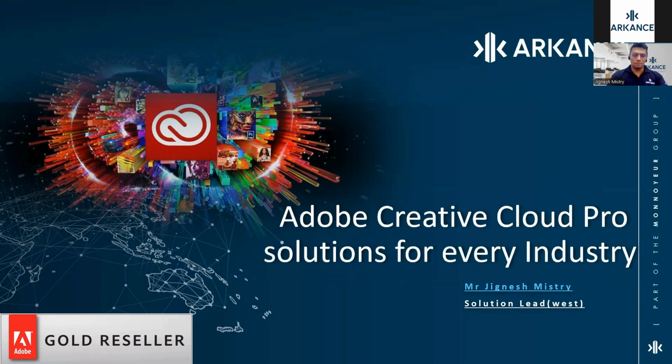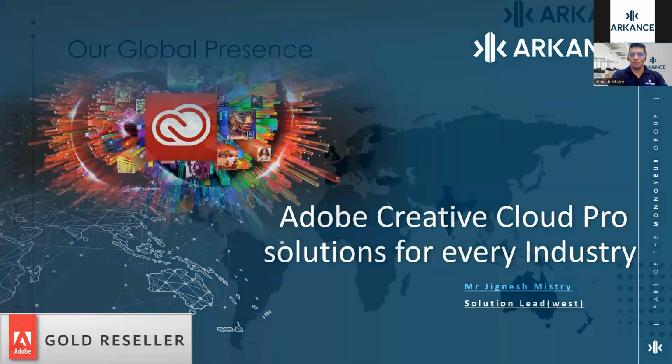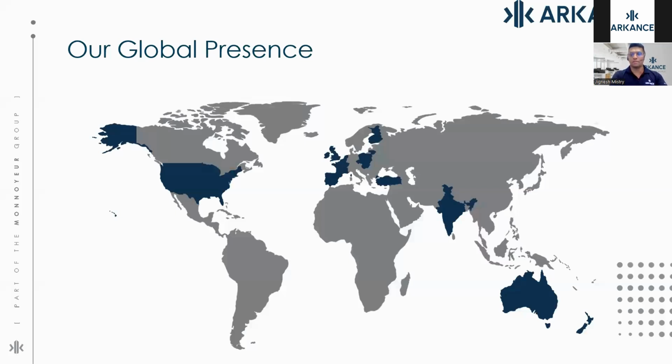All right. So with that said, let me start off with this webinar and give you a brief introduction about what exactly Archons is all about. Archons is a global company which was established quite some time ago.